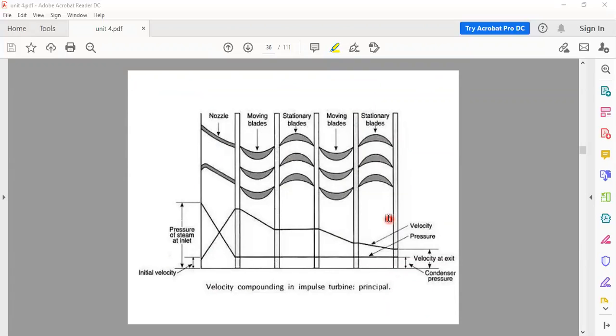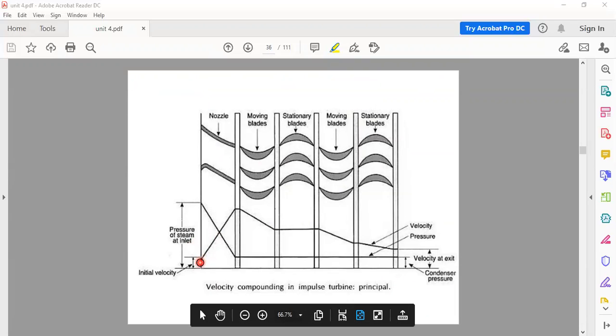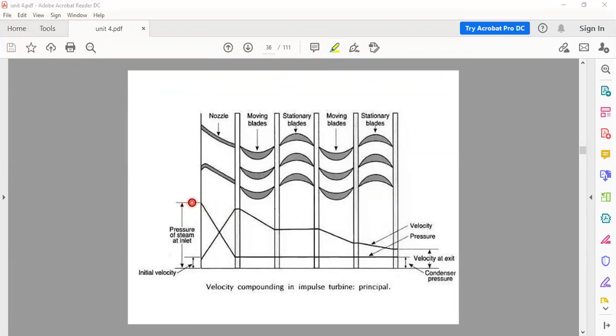Now this is a clear diagram for the velocity compounding. See here, pressure of steam at inlet, initial velocity. At the inlet pressure is very high and velocity is very low, but when steam passes through the nozzle, our steam velocity suddenly increases and steam pressure suddenly decreases.